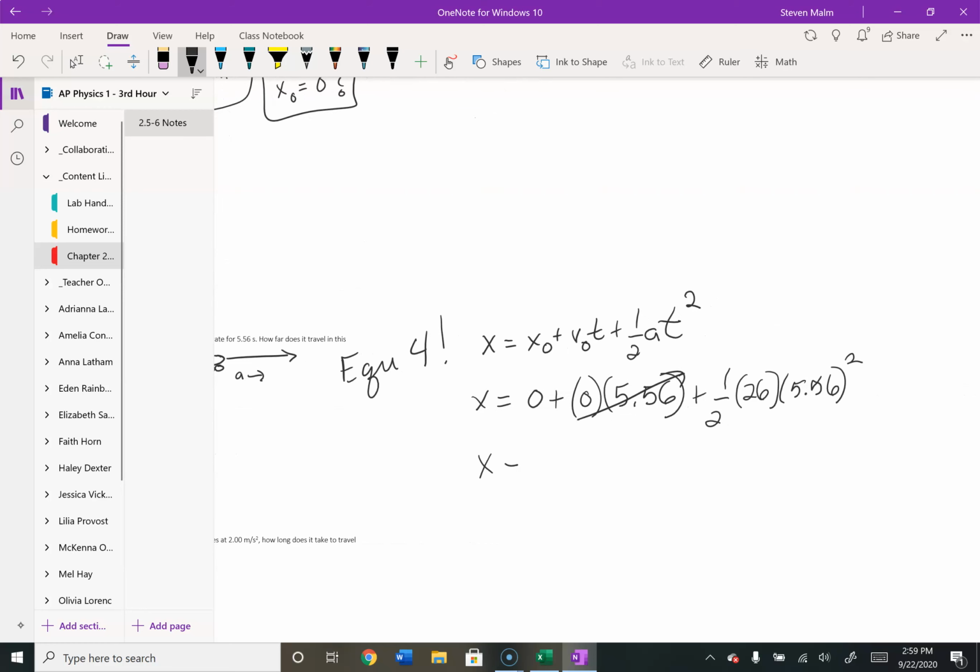When you plug it in your calculator, don't forget that 5.56 is the only thing that is squared, multiplied by the 26 over 2, and you get x equals 406.88 meters.